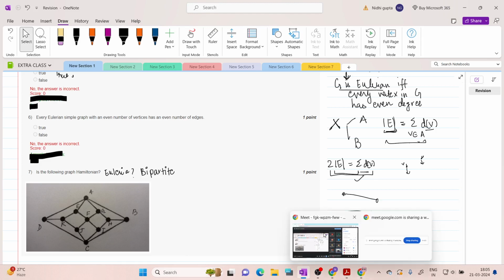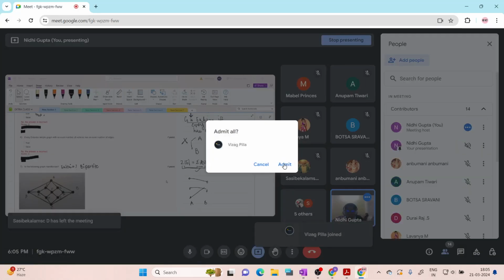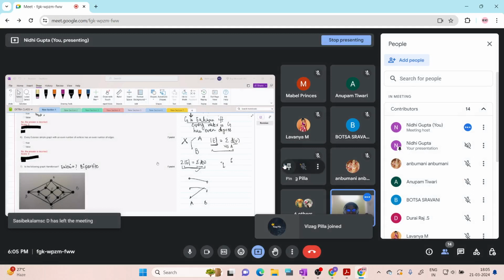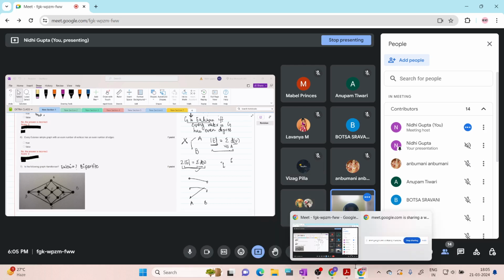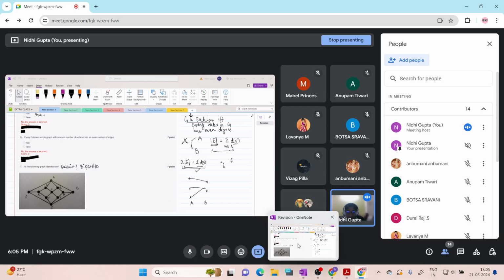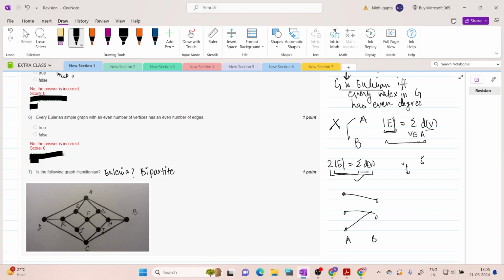Because in a bipartite graph, every edge has exactly one endpoint in A. So each edge contributes degree 1 to the vertices in A. Therefore the total number of edges is equal to the sum of degrees in one bipartition.